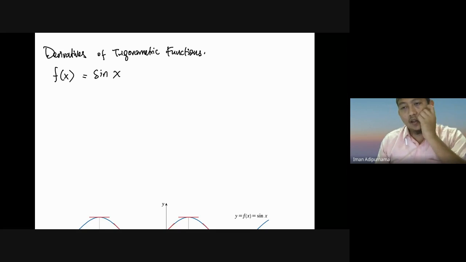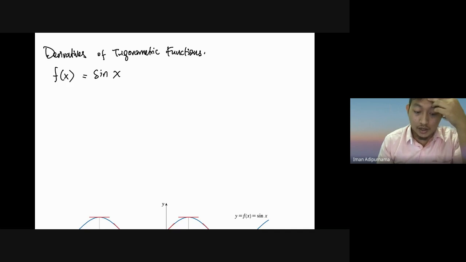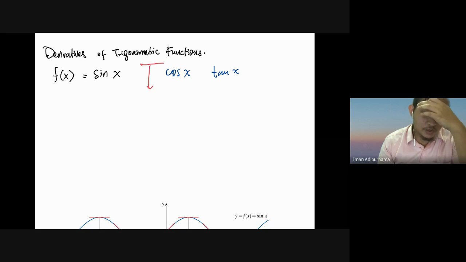I hope you still remember how to make the graph for sine, cosine x, and then tangent x. And remember that every trigonometric function is continuous on its domain.